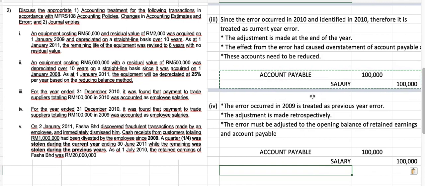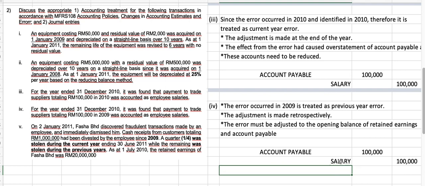So you see, for the current year error, you just correct that account. But for the previous year error, we do not adjust the salary account. Otherwise, if you credit the salary account for the previous year error, it is as if you are correcting salary for this year, which is wrong.